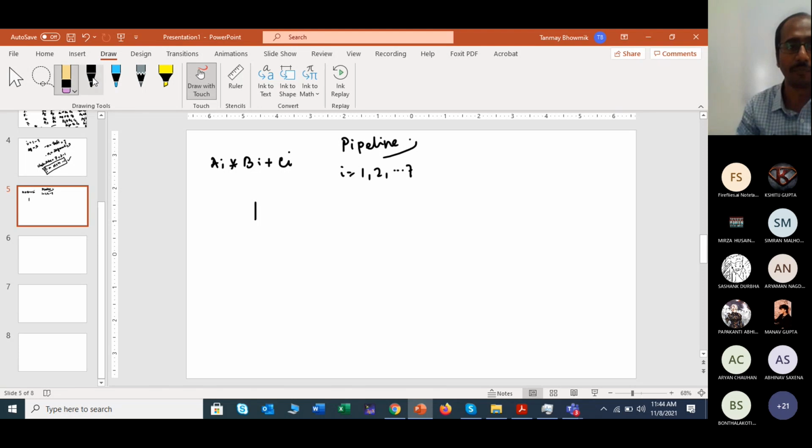Reverse is better, I like. So you can write A1 into R1, B1 into R2.